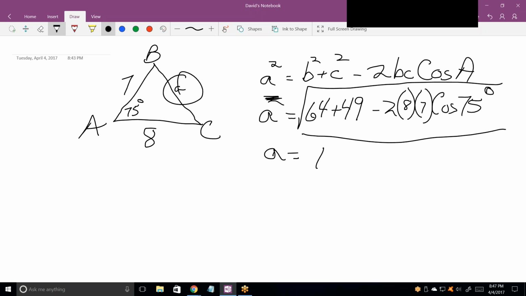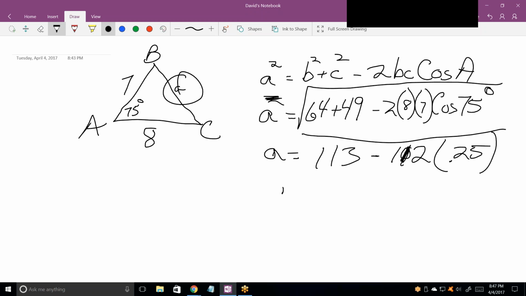Got 113 minus 56 times 2, 112. What's cosine of 75 degrees? 0.258.